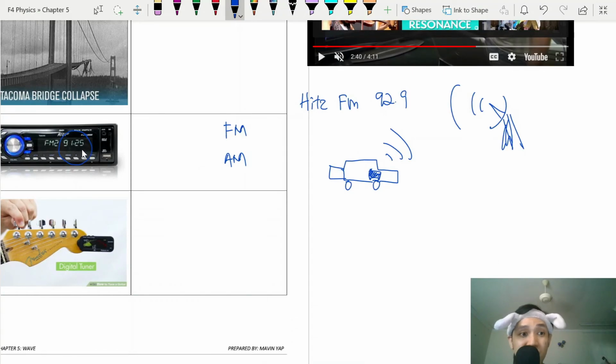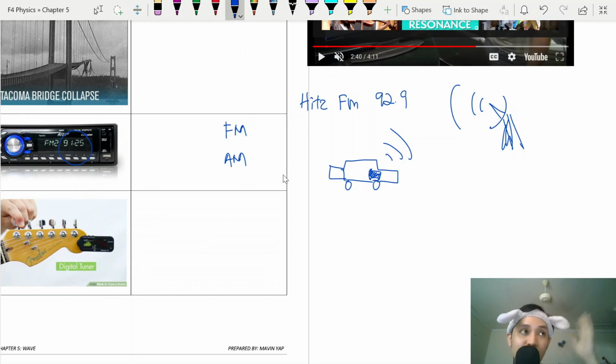I'm sure you notice, as you go nearer to the station's value, it gets clearer and clearer, and once you reach 92.9, you can hear very loud and clear. The reason why is that you are in resonance. The radio in your car and the radio station are in resonance. They have the same frequency.